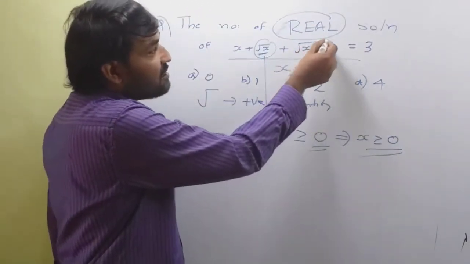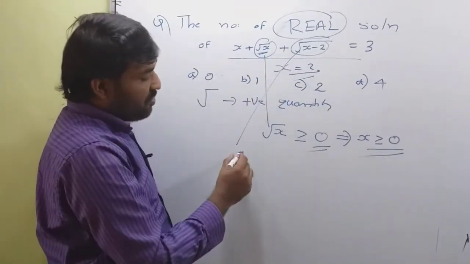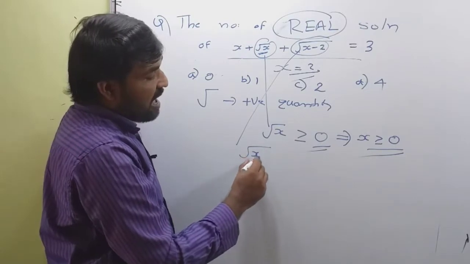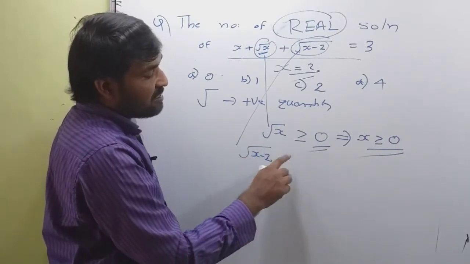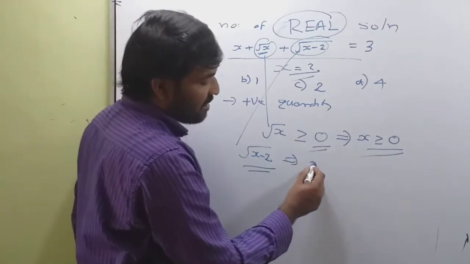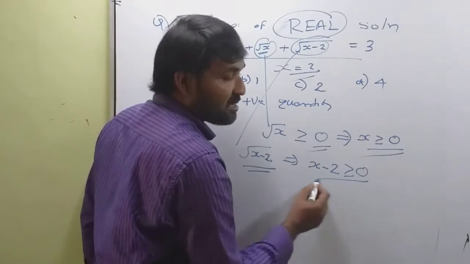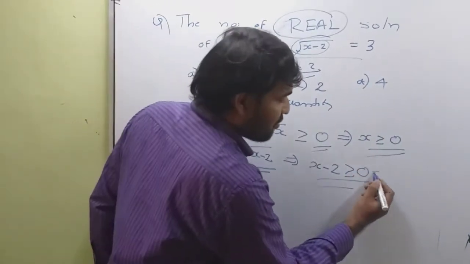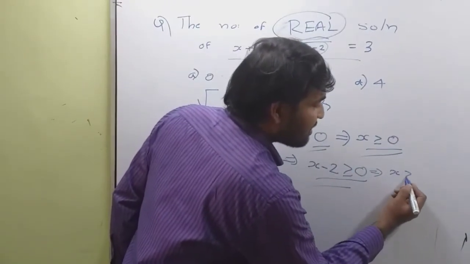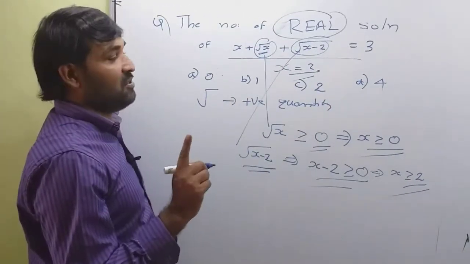Then again, root of x minus 2 is also a positive quantity. That implies x minus 2 is greater than or equal to 0, which implies x is greater than or equal to 2.